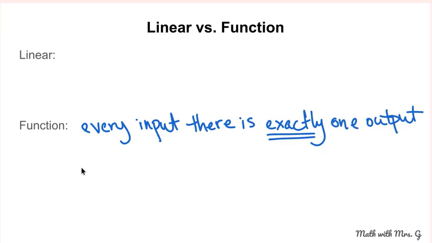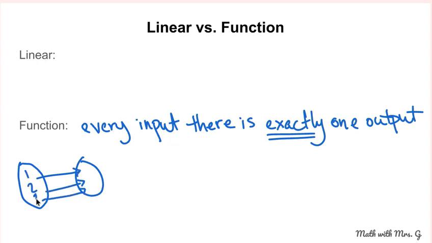All right, so the different ways that we've been able to look at these functions, remember we had mapping diagrams and we had arrows coming across to be able to show those things, okay? So when we think function, we're thinking about using this tool, okay? We're looking at these arrows. Is there one arrow coming off of every input to show that there's only one output?